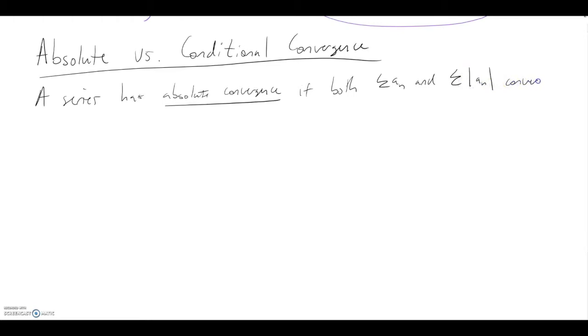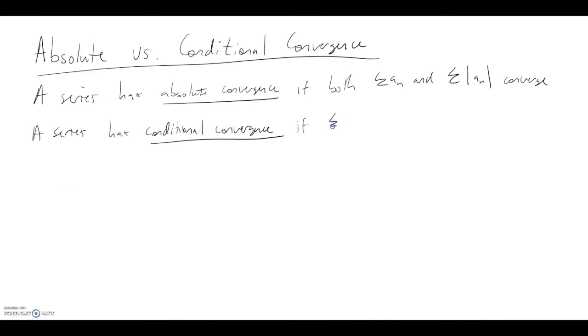So both the alternating series and the series where we force all terms to be positive, both of those converge. And a series has conditional convergence if the series itself converges, but the series made up of the absolute value of its terms diverges.